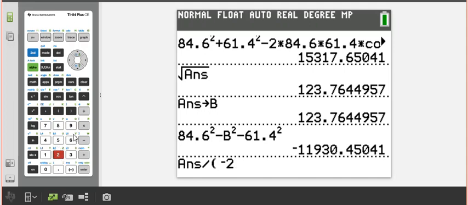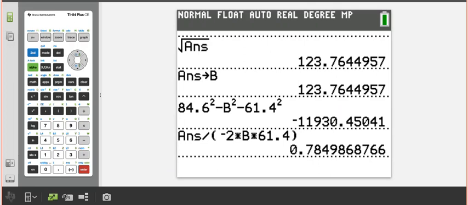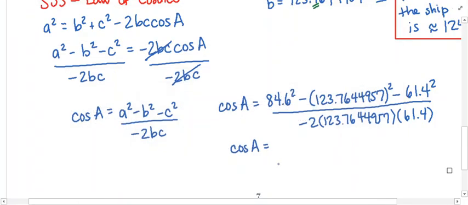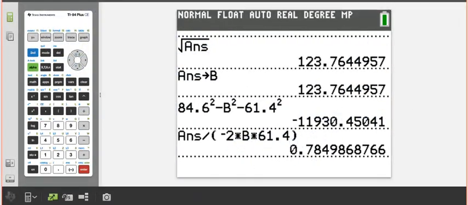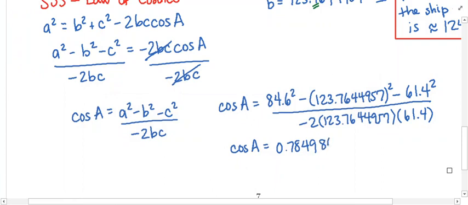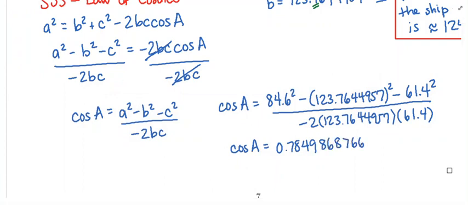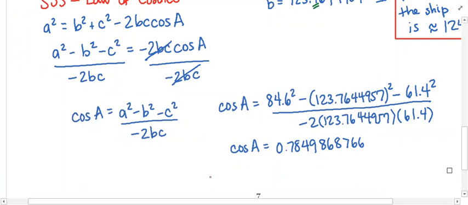I need to be careful and put the whole thing in parentheses. So this is going to be negative 2 times B times C, which is 61.4. So this is what the cosine of angle A equals: 0.7849866. We're trying to solve for angle A, so we need to take the cosine inverse of both sides.